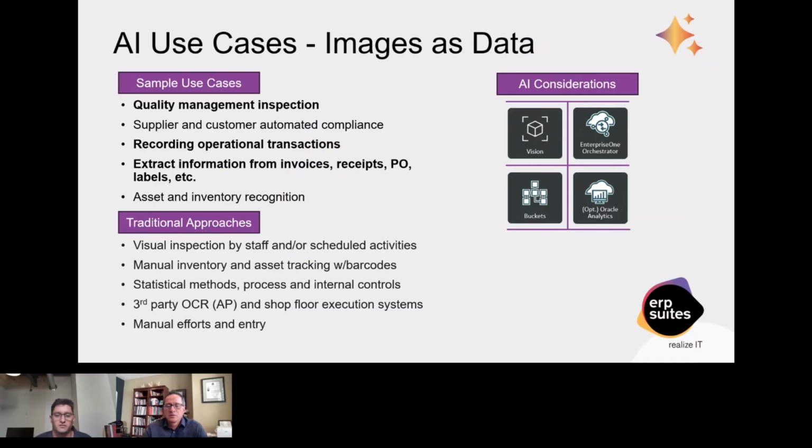And then just on the right, actually real quick, is just the AI considerations for this tool. So we mentioned vision, document understanding, kind of going hand in hand there. Obviously, Enterprise One orchestration is the backbone for getting the data into JD Edwards. And then we actually move the files into OCI buckets. Once a file is read, it's moved to another folder, so that prevents duplication with the files there.